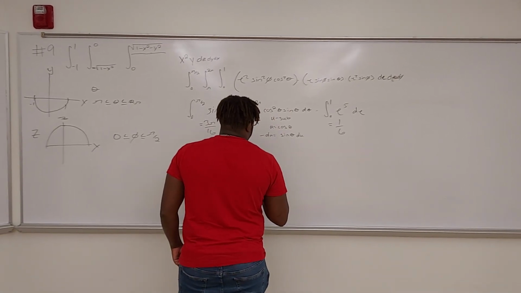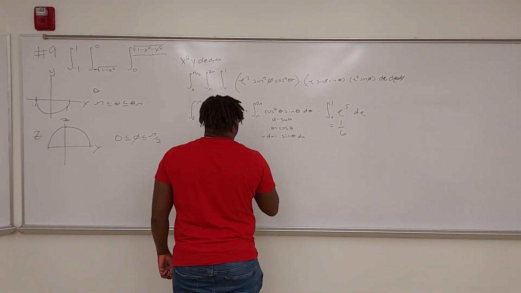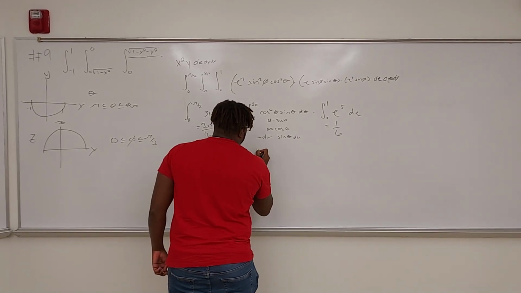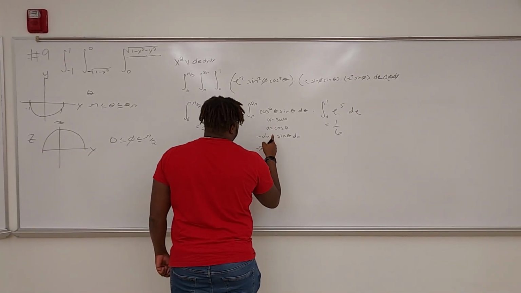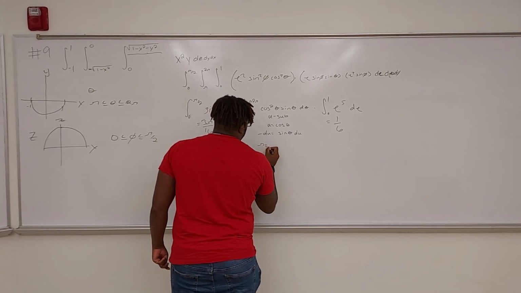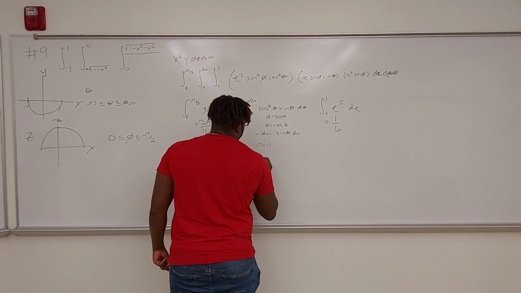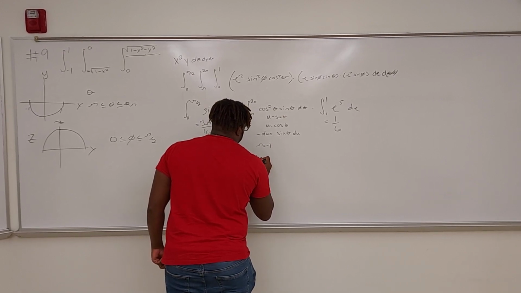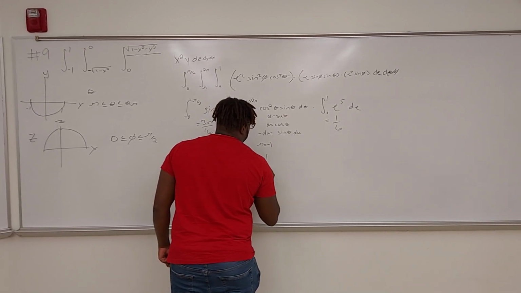And next, we find the new bounds. So cosine pi will equal -1, and then cosine 2 pi will equal 1.